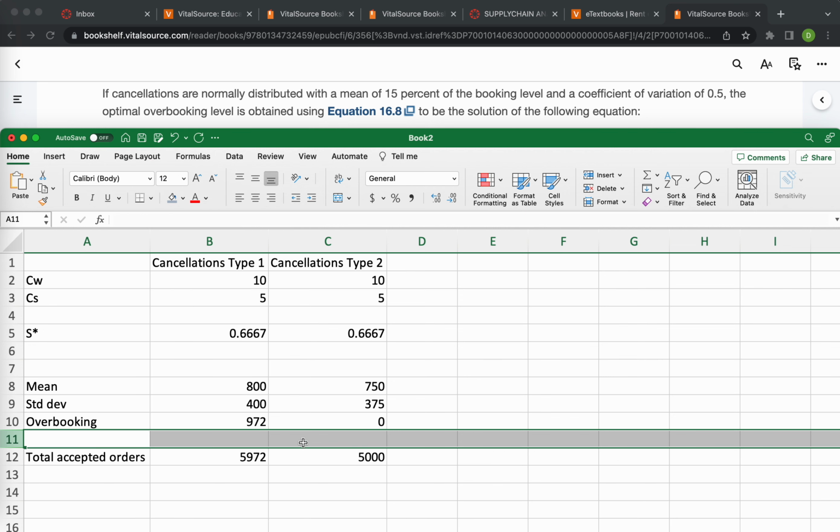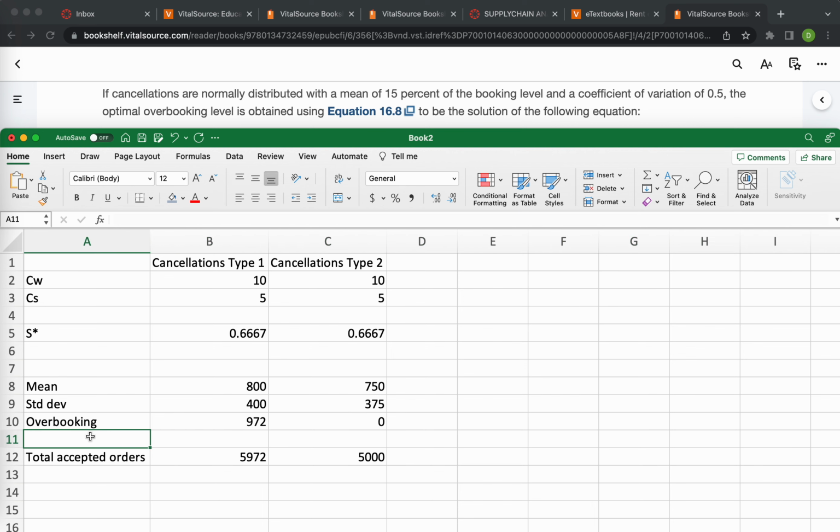So let me insert a row here. Like I said, it's way more complicated in this case because of the way the formula is written up.